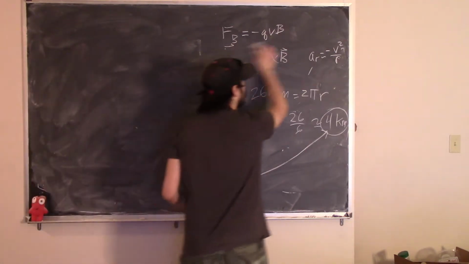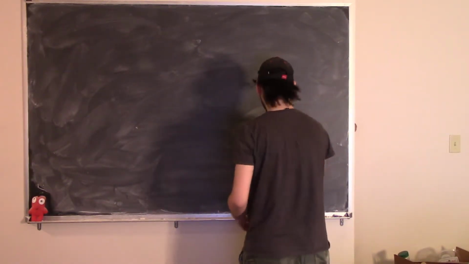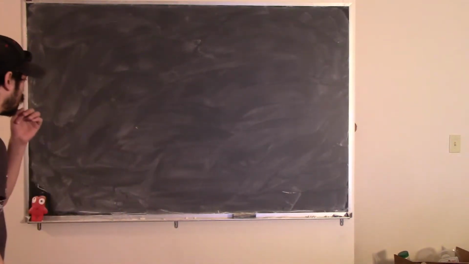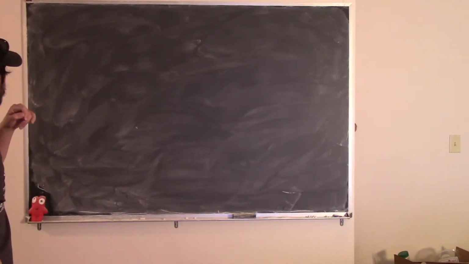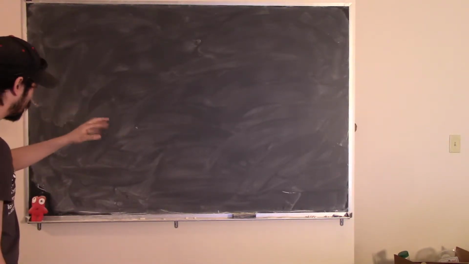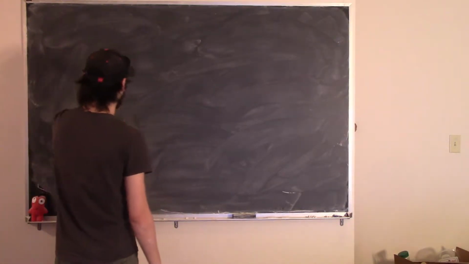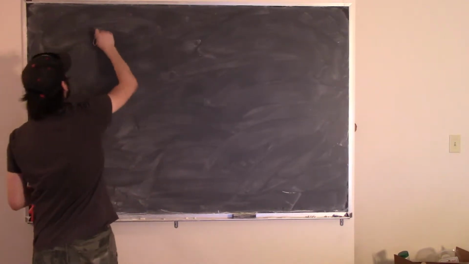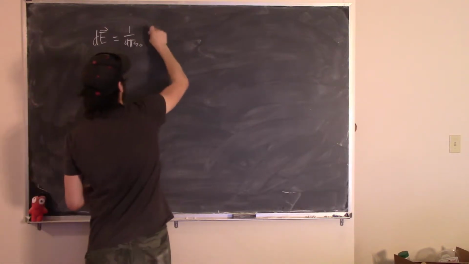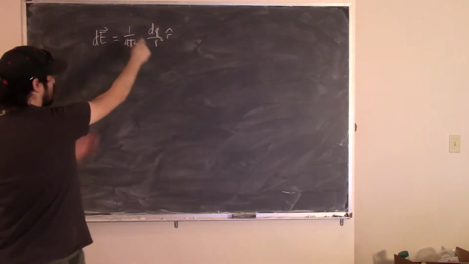So just to review very briefly what the Biot-Savart Law says and how it's really similar to the way that we found electric field from infinitesimal charges. So that was to say that dE is equal to 1 over 4 pi epsilon naught dq divided by r squared times r hat.